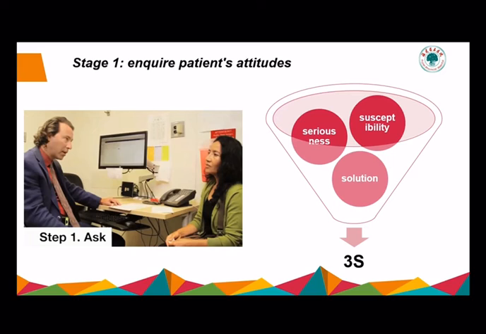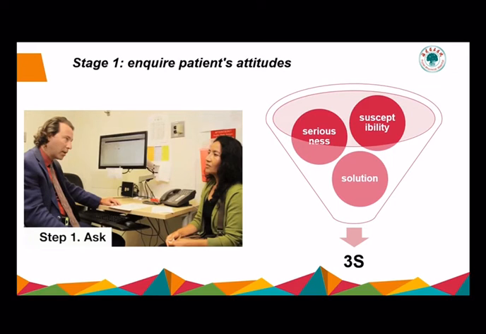Step 1. Inquire about the patient's attitudes. An American social psychologist has proposed a health belief model that can be summarized as the 3 S's. Susceptibility. How does the person perceive his or her vulnerability to a particular disease? Seriousness.